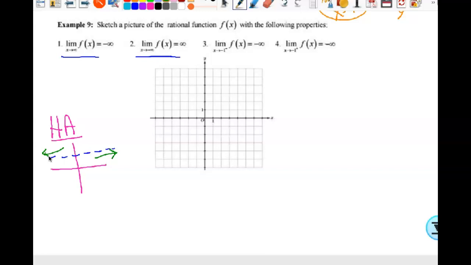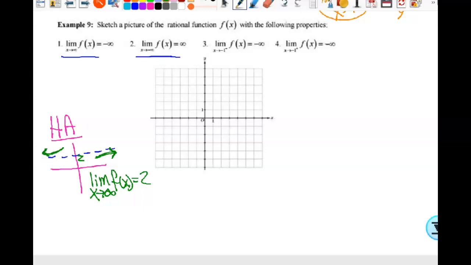But if I have a horizontal asymptote, then my limit as x approaches infinity of this function is not going to equal infinity. It's going to equal a number, like let's pretend that this is 2. Because as x gets bigger and bigger and bigger, my function is approaching 2, whether it's approaching from the top or the bottom, but same thing for negative infinity.